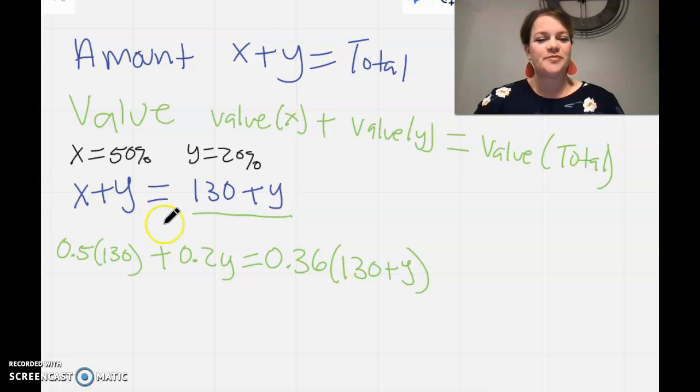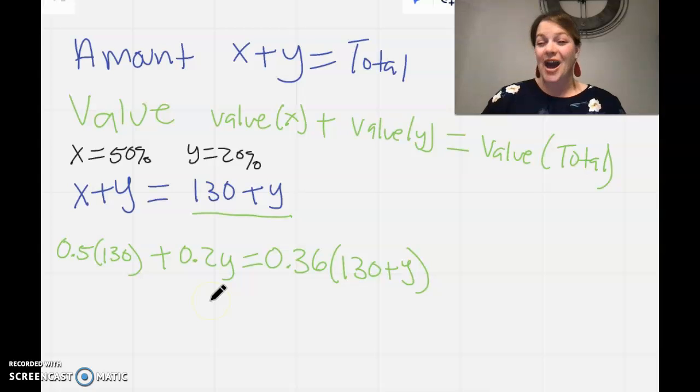Okay, wonderful. Now you can go through and multiply and combine like terms and solve for y and figure out how many milliliters of the 20% solution you need. I want you to do that on your own, and please throw it in the chat. On your marks, get set, go.